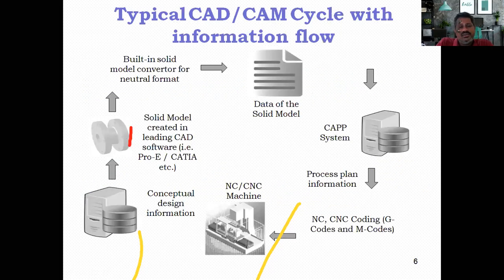When it comes to the typical CAD/CAM cycle with the information flow, now let us see what exactly the CAD/CAM cycle is. What are the steps involved to transform raw material into the finished good? So what exactly are the steps that you can observe in this figure? Initially, you have some concept in your brain.